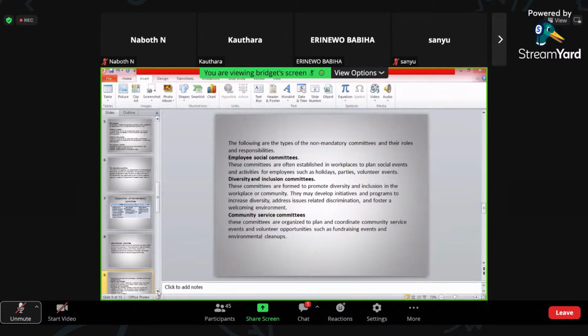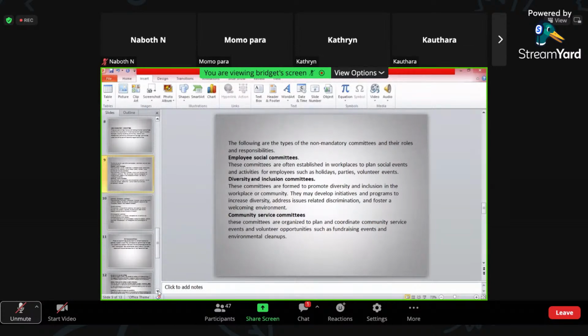These committees mainly focus on promoting diversity, equity, and inclusion within a workplace. Therefore, these committees create a culture within an organization where employees feel valued, respected, and included.